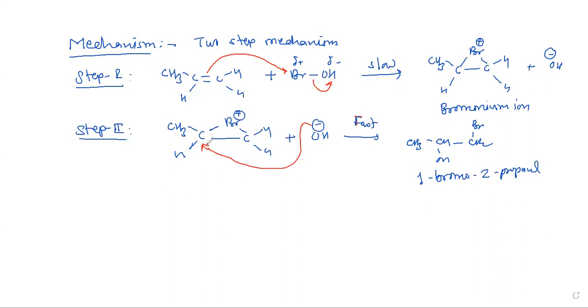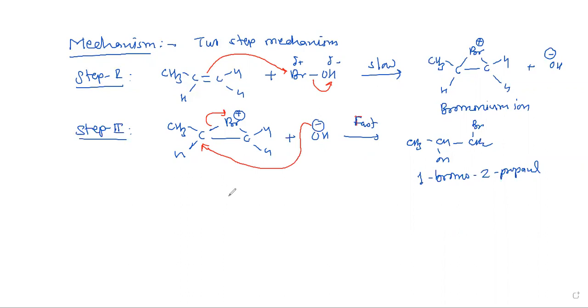This carbon is the more substituted carbon atom, and the halogen atom automatically gets attached to the less substituted carbon atom. That is, this halogen is here, and here you can also show. In this way, you can show the mechanism of this reaction.